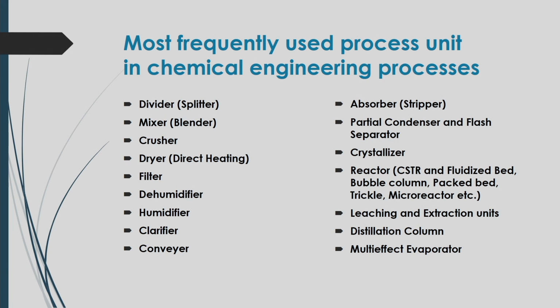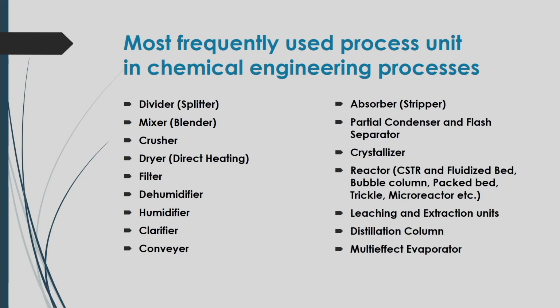And then the reactor is used for reaction purposes, where reactants take part to give you another product. There may be different types of reactors: CSTR, fluidized bed reactor, bubble column reactor, packed bed reactor, trickle bed reactor, micro reactor.